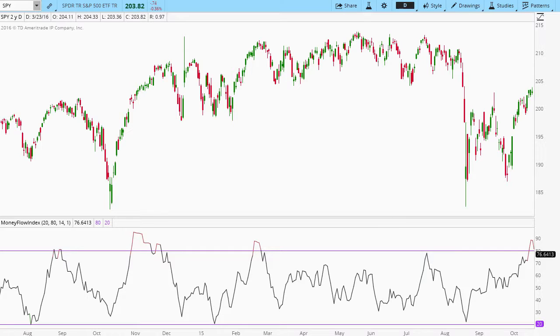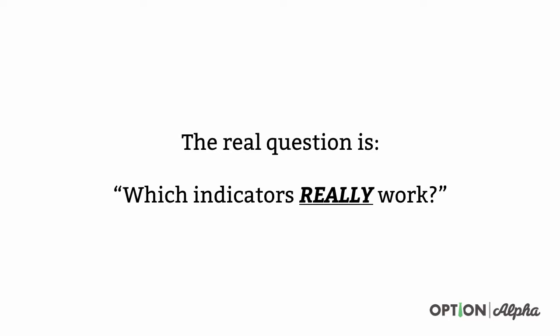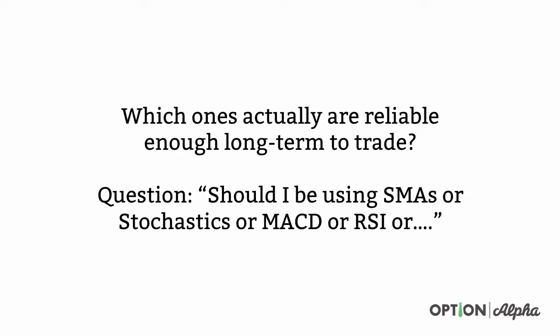They don't really give us any clear indication of why something might move higher or lower, or create a buy or sell signal. So here's the deal. The real question becomes, which indicators really work? Which ones are actually reliable enough long-term to trade? Should I be trading using the SMAs, simple moving averages, or stochastics, or MACD, or RSI, or all the other indicators that are out there?